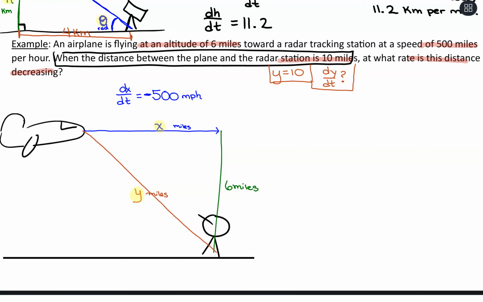Okay, so with that, I'm looking at relating these three pieces together. I have this fixed value, a side length, another side length. We have a right triangle, so we're going to do the Pythagorean theorem. So we're going to have x squared plus 6 squared equals y squared.